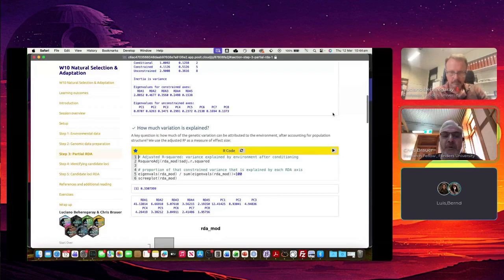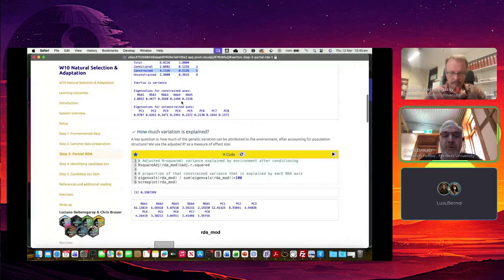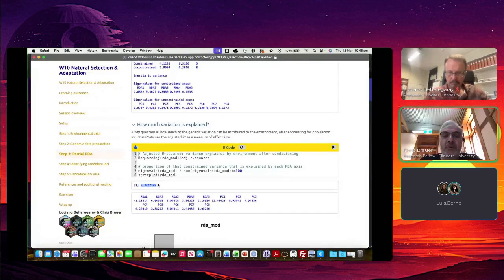In the raw results on our model, our constrained proportion was about 50%, 0.51. Now that's of the total variation. Now if we come and look at this, this is saying it's about 0.3.